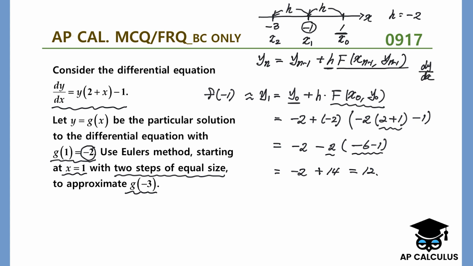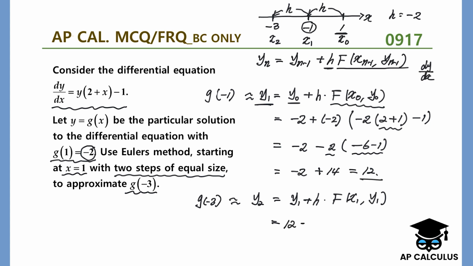Now let's find the approximation of g of -3. Well, actually, this is g, not f. So g of -3 is our y2 using the formula y1 plus h times f(x1, y1). So our y1 was 12.